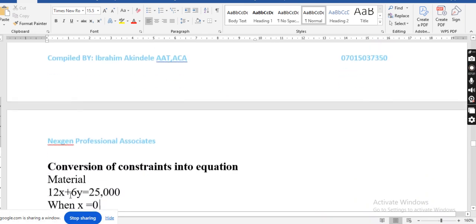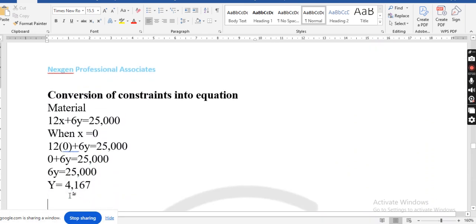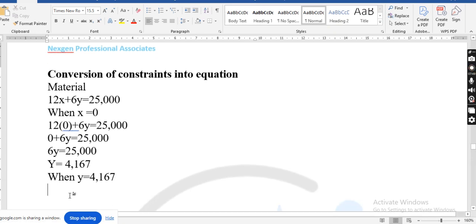So 4,167, that is y. Now, when y is equal to 4,167, what will be your x?